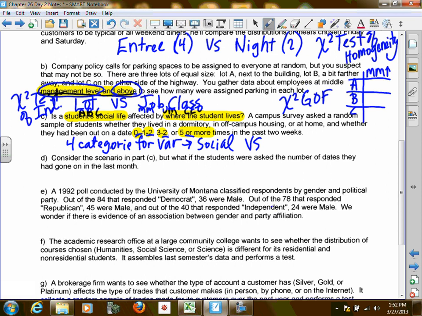Okay, and then how many categories for the housing, where they live? Okay, so then there was 3 categories for where they lived. And this would be chi-squared test of independence because of the way this question was worded. Does one affect the other? So then I would call this chi-squared test of independence.